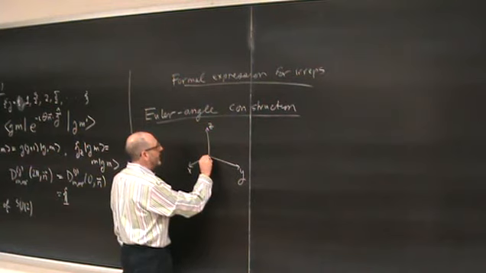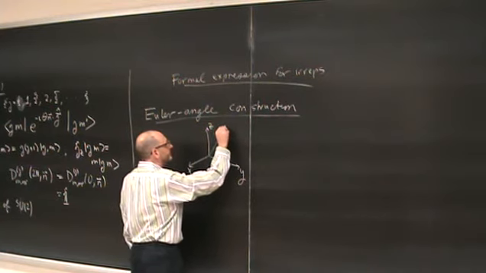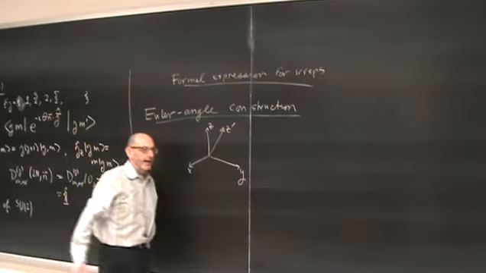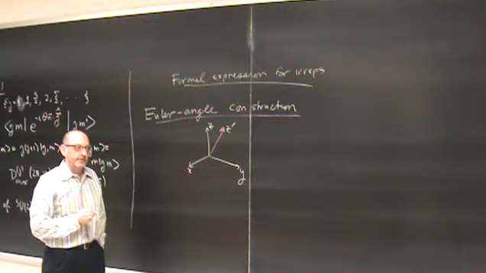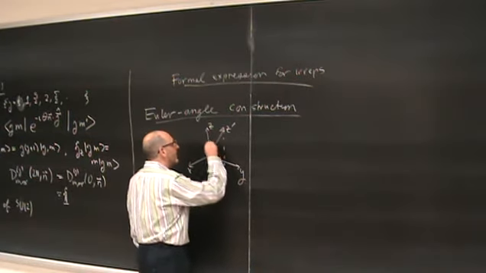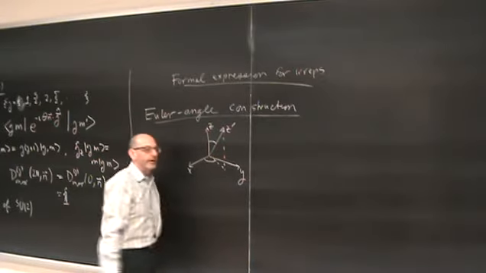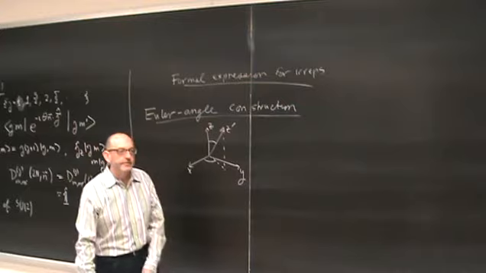Well, one thing I can say is that there's a new z-axis. That new z-axis is some direction in space, defined by two angles.